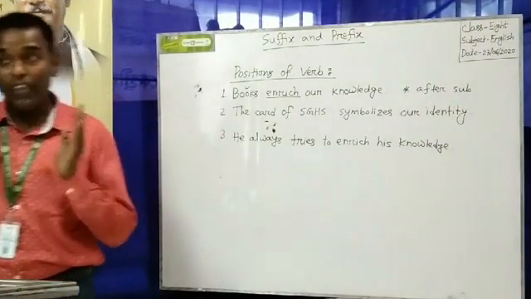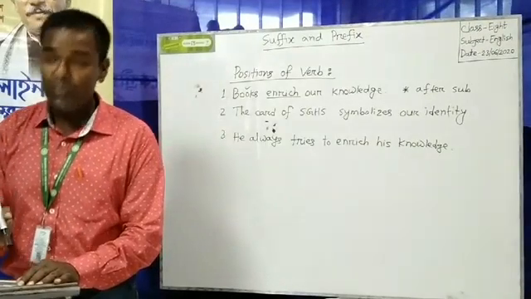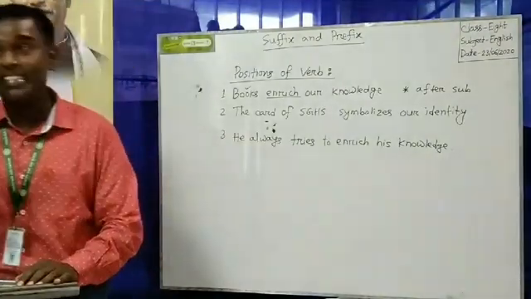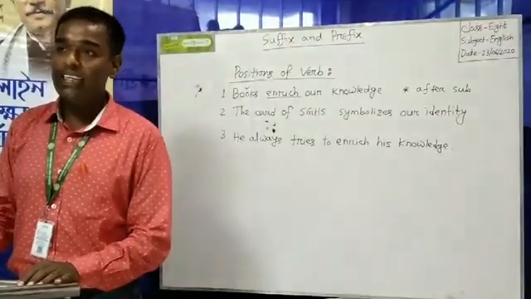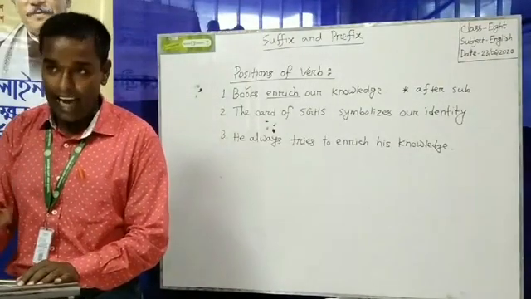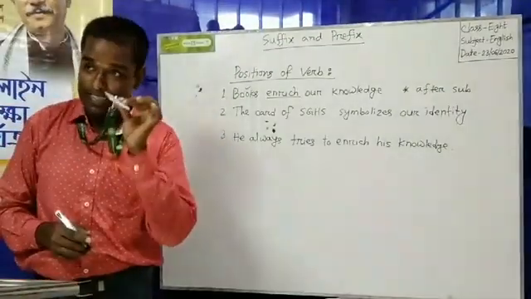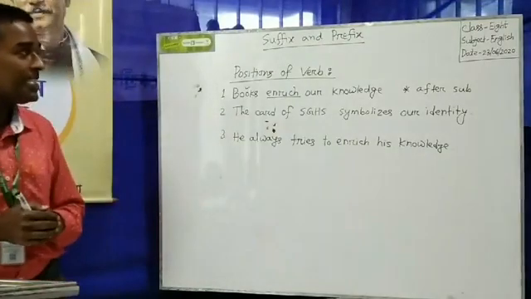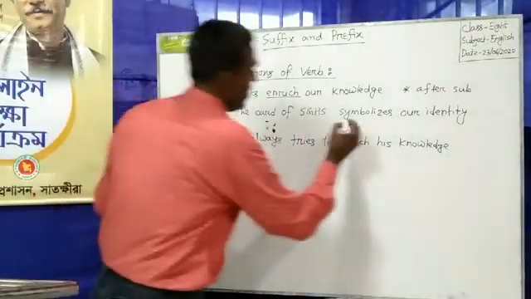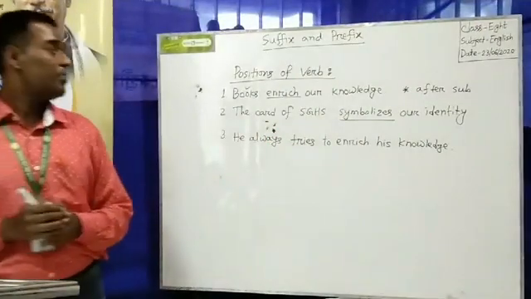Now look at the second one. The card of SGHS. Do you know what is the meaning of SGHS? Yes, Satkhira Government High School. The card of SGHS, that means this card symbolizes our identity. Here, symbolizes is a verb.